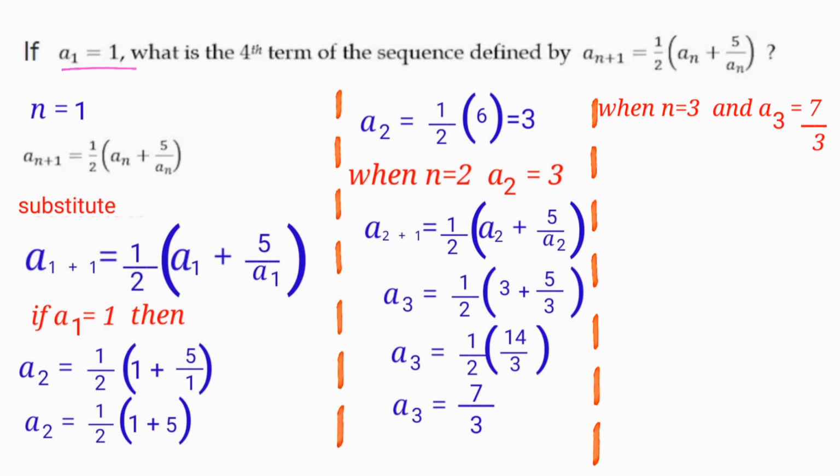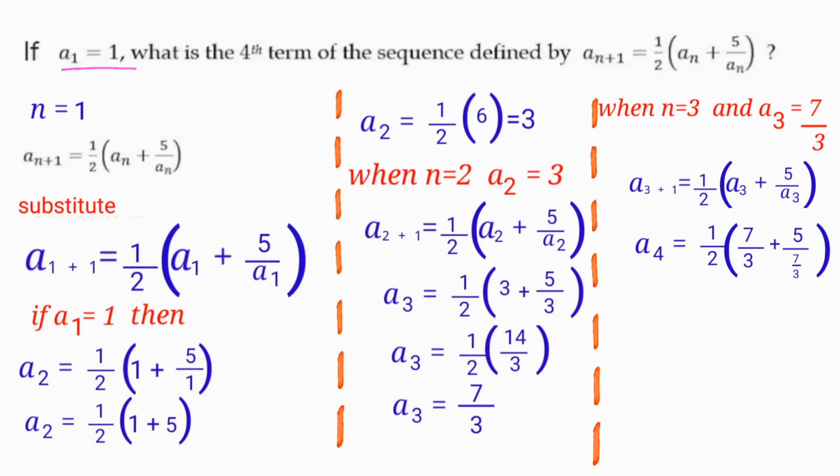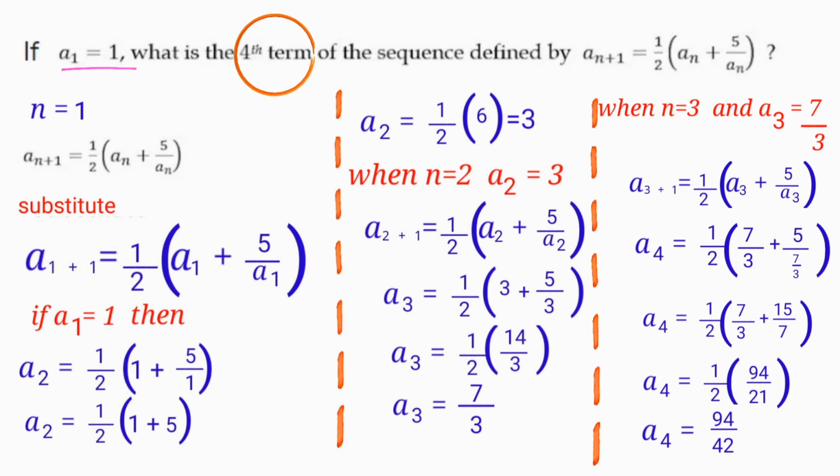When n is equal to 3 and a sub 3 is equal to 7/3, a sub 3 plus 1 is equal to 1/2 times the quantity a sub 3 plus 5 all over a sub 3, which is equal to 1/2 times the quantity 7/3 plus 5 all over 7/3. So a sub 4 will be equal to 1/2 times the quantity 7/3 plus 15 all over 7, which is equal to 1/2 times 94 all over 21. So a sub 4 is equal to 94 all over 42. Simplified, it's 47 all over 21.